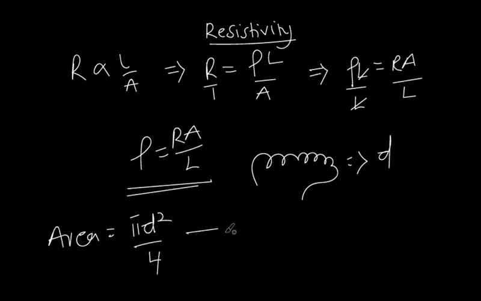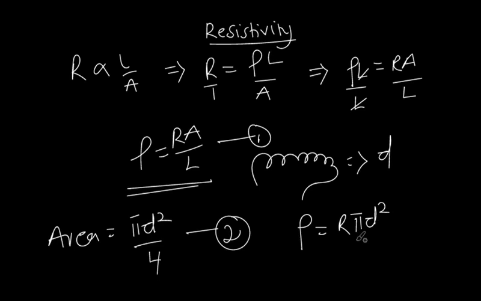Now if this is equation 2, and this is our equation 1, if we substitute this in place of this, we get our resistivity to be R pi d square, all divided by 4L.